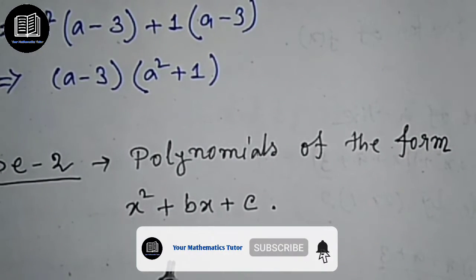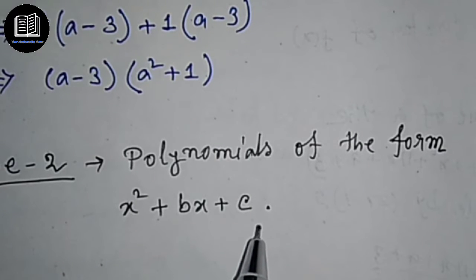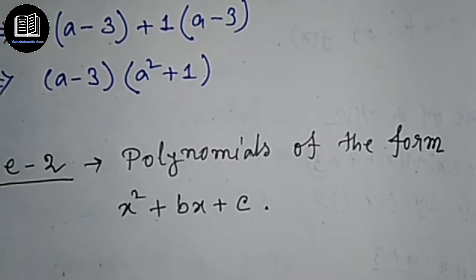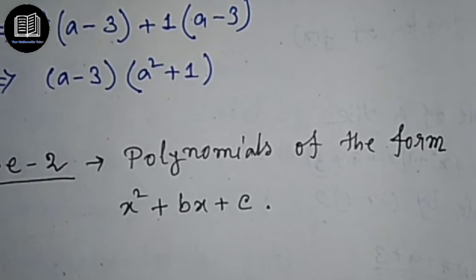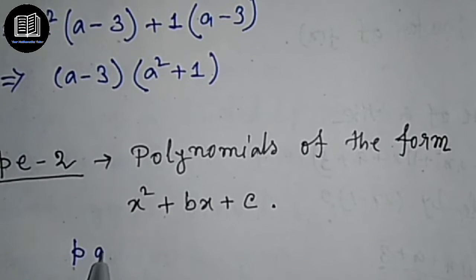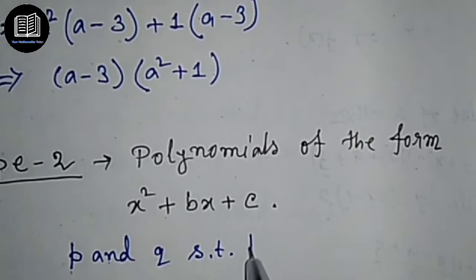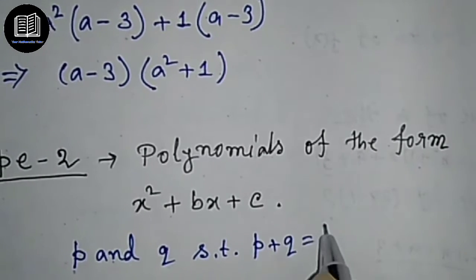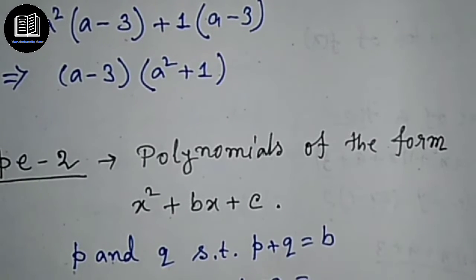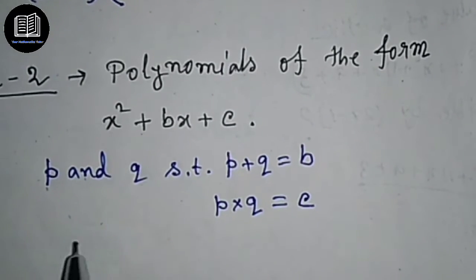When a polynomial is of the form x square plus bx plus c, that is of the form quadratic trinomial, then we find two integers p and q such that p plus q equals b and p multiply q equals c.